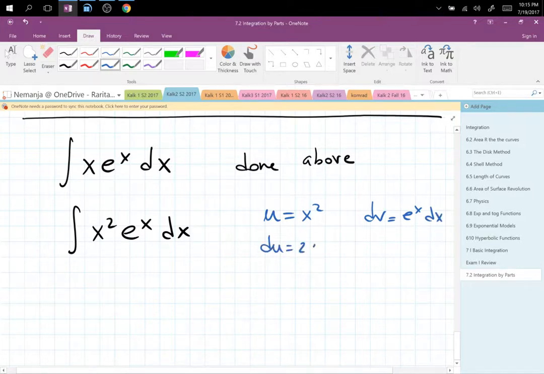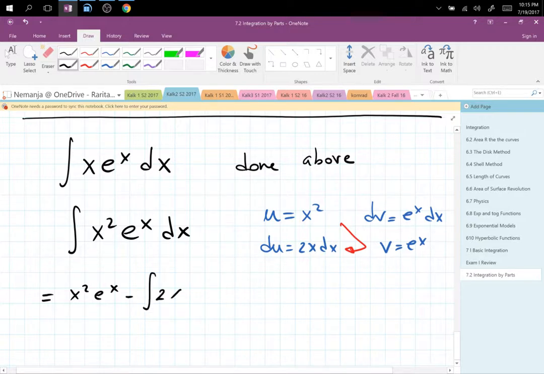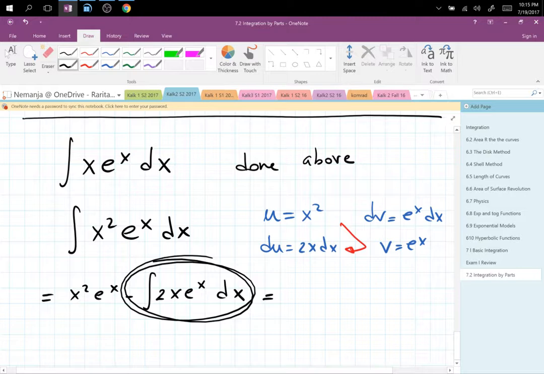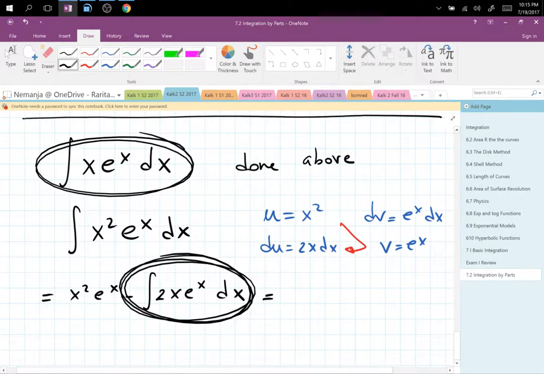So now, as you can see, you have 2x dx here, and your v is e to the x, and upon placing the arrow, we can get our first stage, which is x squared e to the x minus the integral of 2x e to the x dx. Now, you should be recognizing this problem here as the first problem we did.